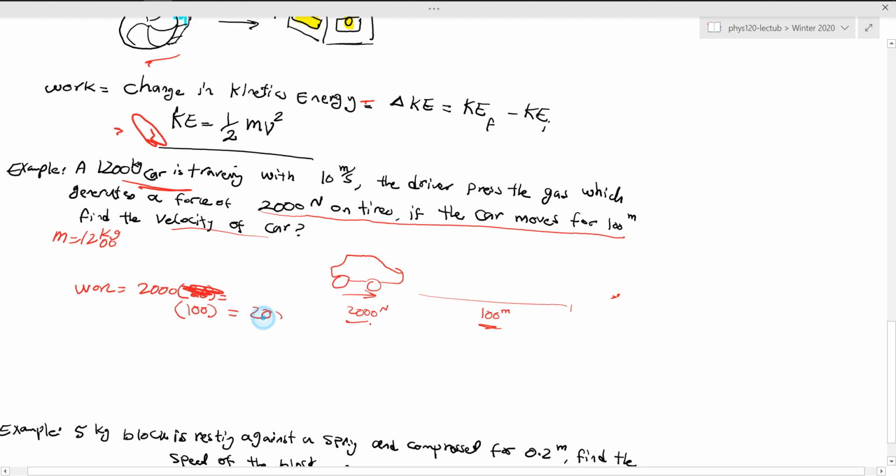The answer is 200,000 joules. Now, in the beginning, you were going with 10 meters per second. We want to know the velocity down here, how much the velocity in this location will be, V final.